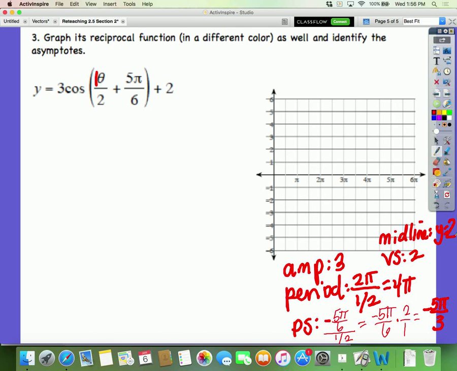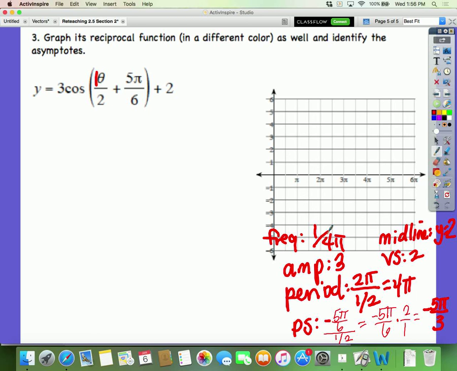What about frequency? What's frequency? It's 1 over your period, so 1 over 4 pi. Now, sine and cosine have amplitudes. Yes, they do. But secant, cosecant, tangent, and cotangent do not have amplitudes at all.